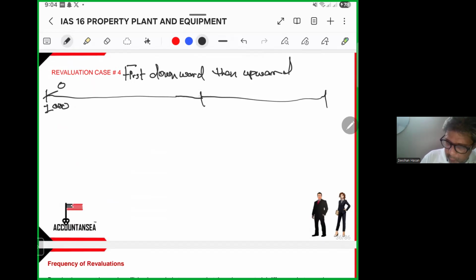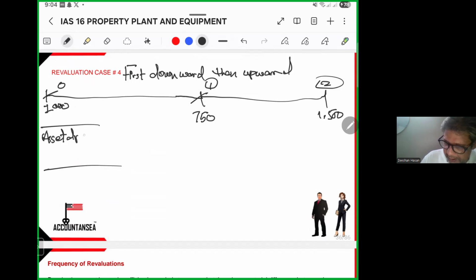Year zero, year one, and year two. So in year zero, it's 1,000. In year one, its value is now 750, and then 1,500. So when we bought the asset in year zero, repeat with me: asset debit, how much? 1,000. Cash credit, how much? 1,000.